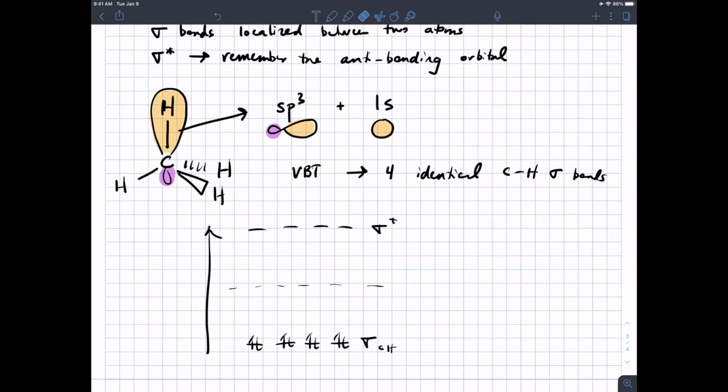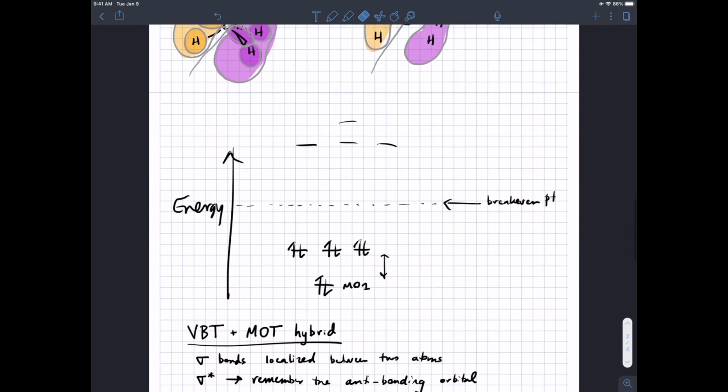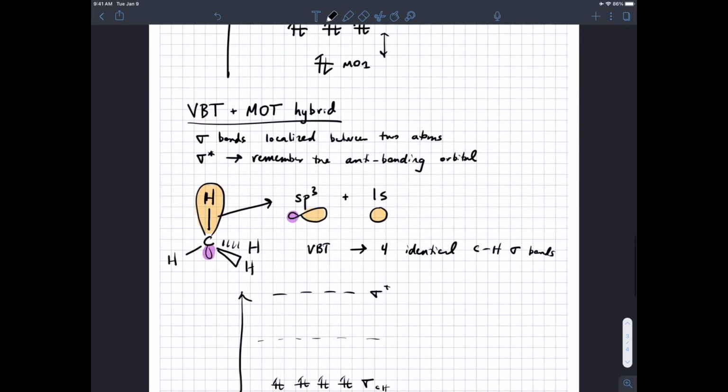Can I ask a question? Sure. So that energy diagram that you wrote with the antibonding and bonding, that's methane, and the one you did a little ways up in your notes is also methane. The difference is that this one is just molecular orbital theory, and the bottom one is the hybrid. Exactly.